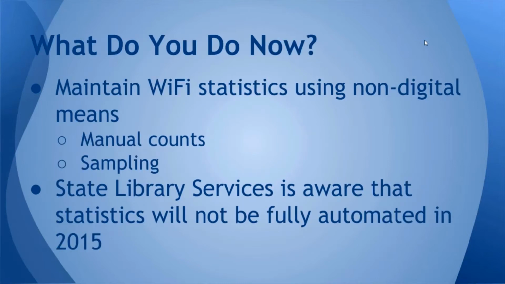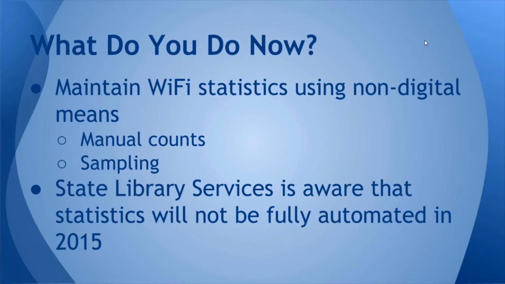For the moment, just continue maintaining Wi-Fi statistics using whatever non-digital means you care to try. Manual counting, sampling. This is not a new issue. The annual report has always asked you to maintain door counts, for example. Not every library has a door counting system.